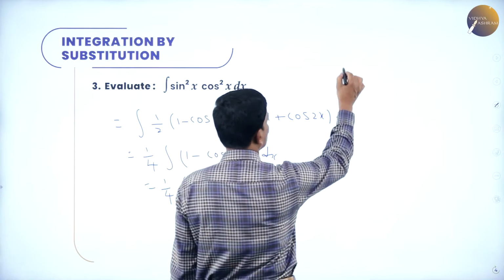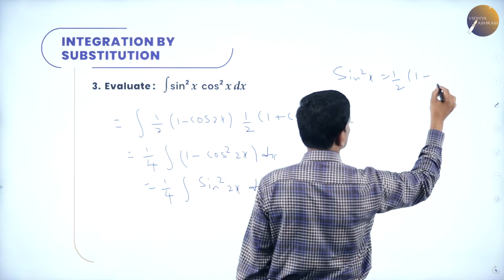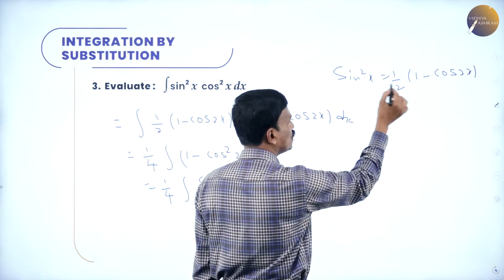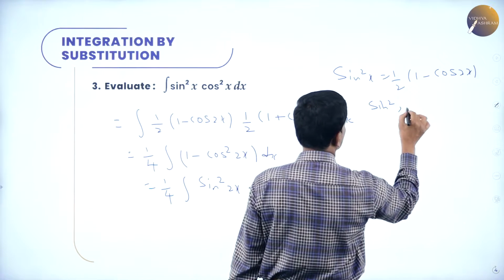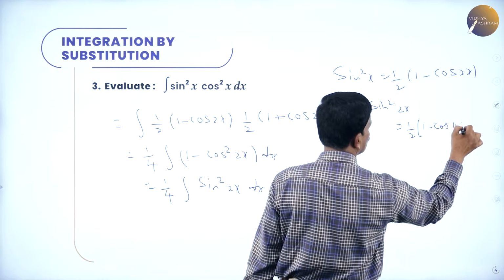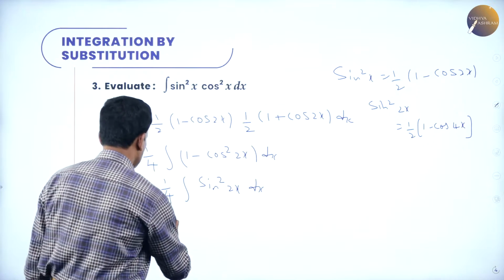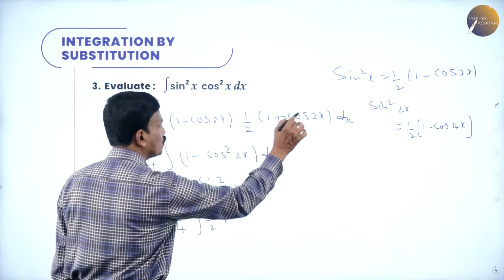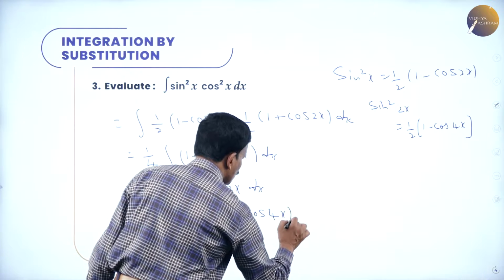Now since we know the formula for sin square x is equal to 1 by 2 into 1 minus cos 2x dx. If it is sin square x, it is cos 2x. Similarly, for sin square 2x, we can write 1 by 2 into 1 minus cos 2 into 2 is 4x. That's it. 1 by 2 into 1 minus cos 4x. So this 1 by 4 as it is, integral of 1 by 2 into 1 minus cos of 2 into 2 is 4x dx.